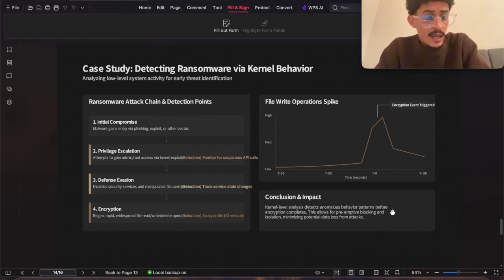So the case study: detection rootkit to kernel.